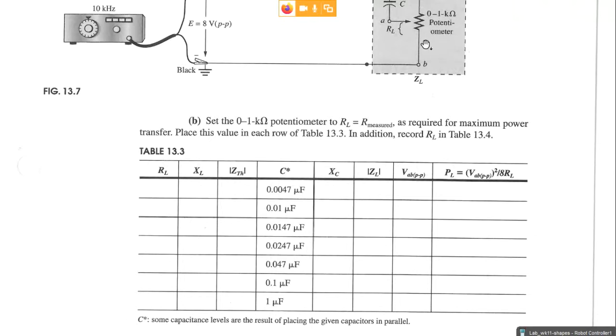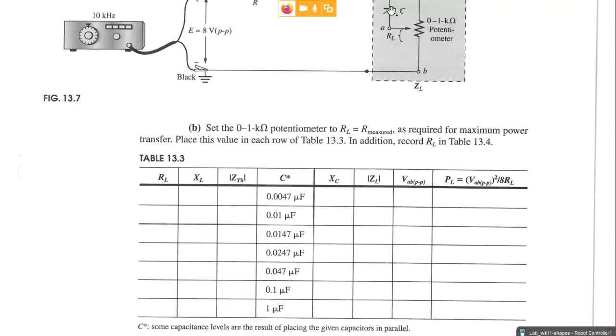So RL is a potentiometer, so we're going to adjust RL. And we've got our C. And so we're going to find RL and X of L and Z Thevenin, which of course isn't changing, but ZL, which is the load, which is the R plus the capacitive reactance.